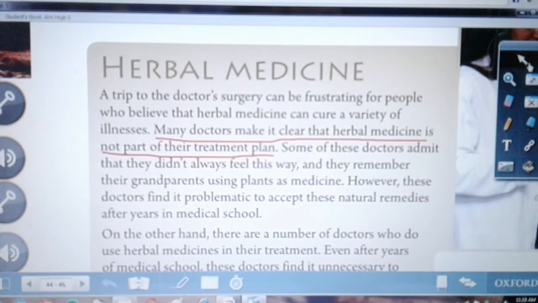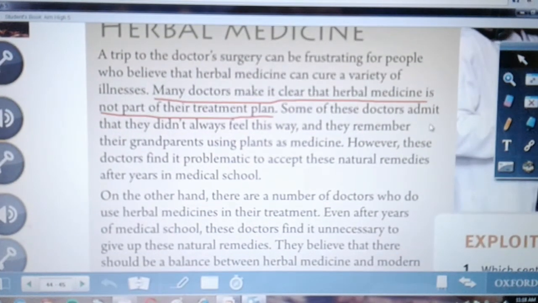Let's read again. Some of these doctors admit that they didn't always feel this way, and they remember their grandparents using plants as medicine. However, these doctors find it problematic to accept these natural remedies after years in medical school. So, did you find the example of preparatory it as object?